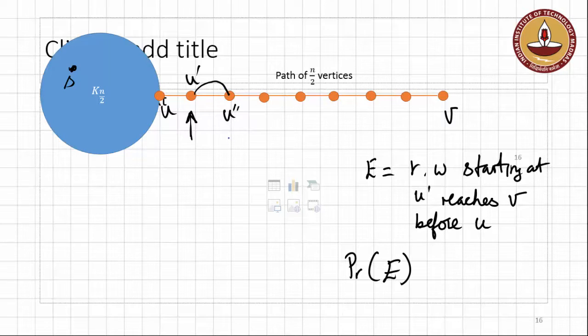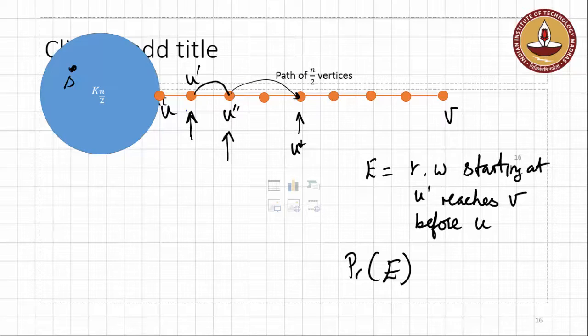Now that you've reached u prime, ask the question: will we reach u first, or will we reach this vertex, say u star? Again, these are two symmetric events, so the probability that you go here before you go to u is again another half.